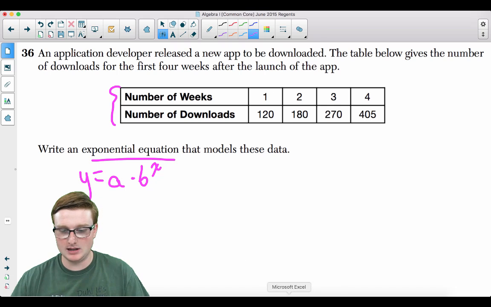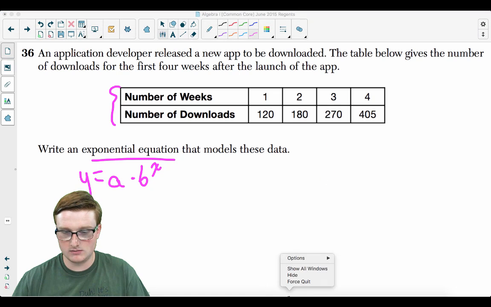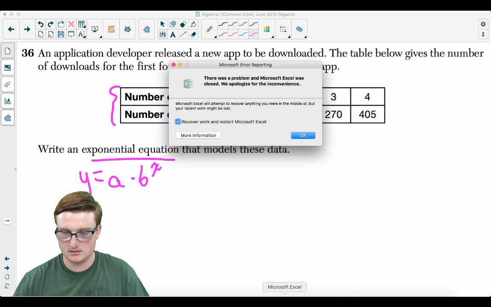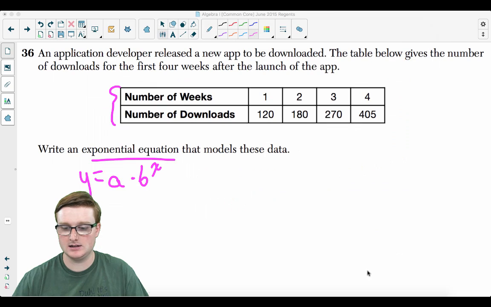Input these into your calculator. Sorry about that, that shouldn't be there. Okay.